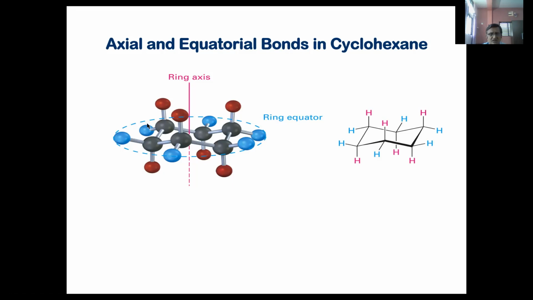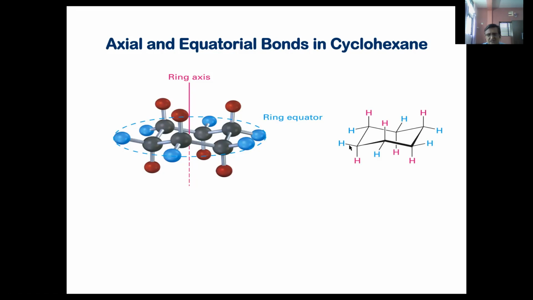So these balls, all blue, the balls which are representing hydrogens, are all at the ring equator. These bonds are called equatorial bonds. Those along the ring axis are called axial bonds.